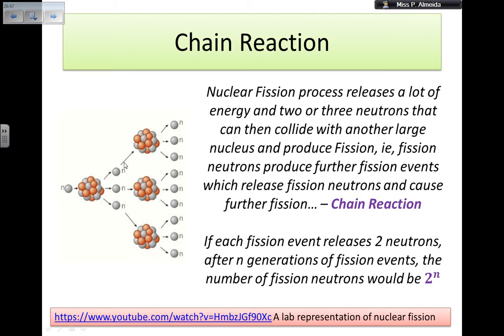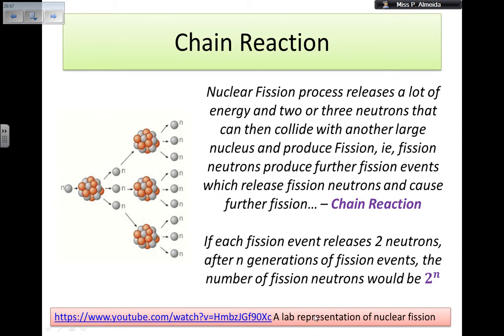So every time that you get one neutron, you produce more fission that produces more fission, and so on and so on and so on. So this is called a chain reaction. Now, because each fission event is going to release two neutrons, after n generations of fission events, the number of fission neutrons that I'm going to have is going to be 2 to the power of n, okay? So this is how the chain reaction goes.